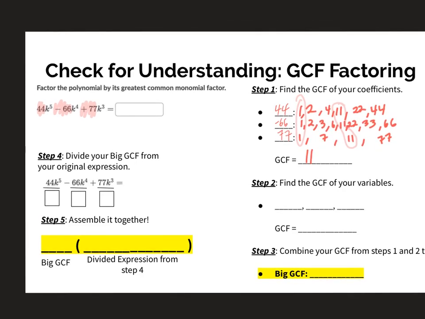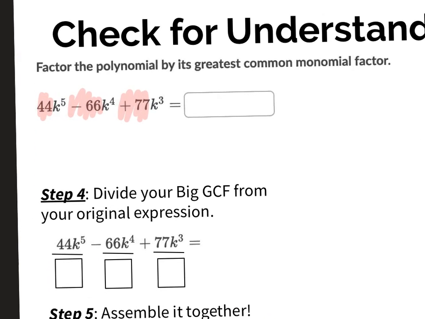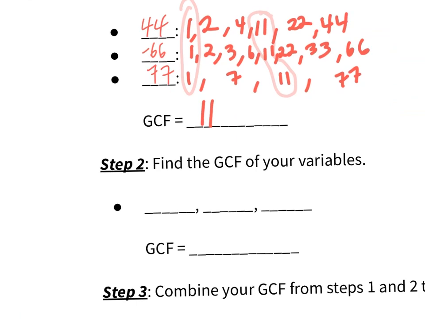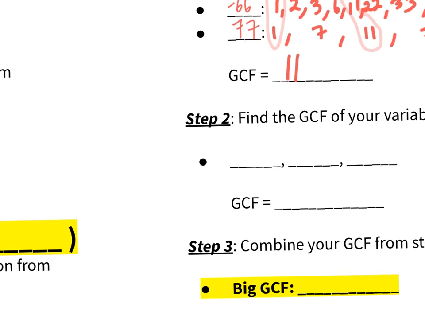Now let's look at my GCF for my variables. I colored that green last time, so let me keep consistent with that. My first variable is k to the 5th power, and there's another k, but it's k to the 4th power this time. And once again, there's a k raised to the 3rd power. So I have k to the 5th power, k to the 4th power, and k to the 3rd power.